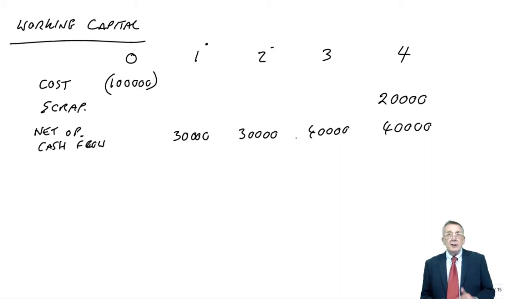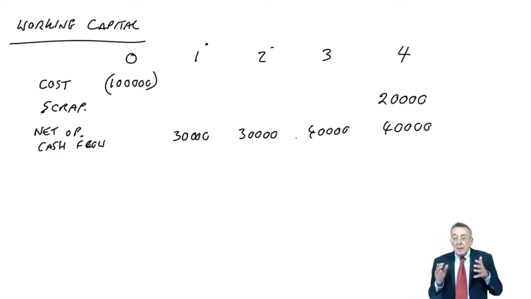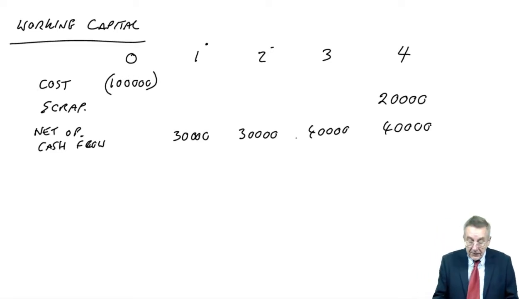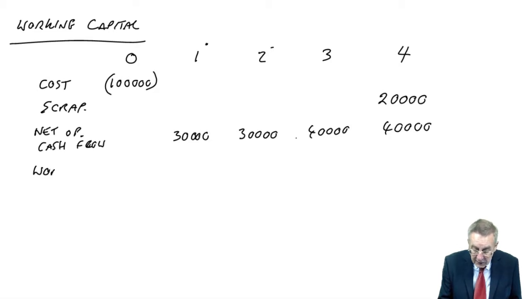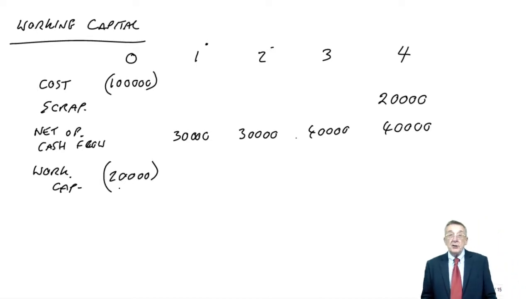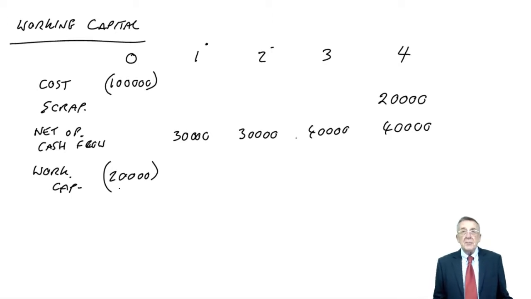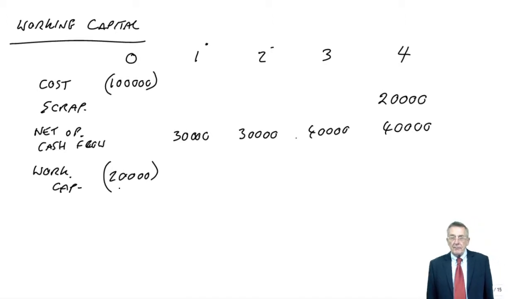So it's inventories, receivables. If we need this extra working capital of 20,000, then at time 0, now, not only do we need to pay out 100,000 to buy the machine, we need to pay out 20,000 to buy our inventories of materials, etc.